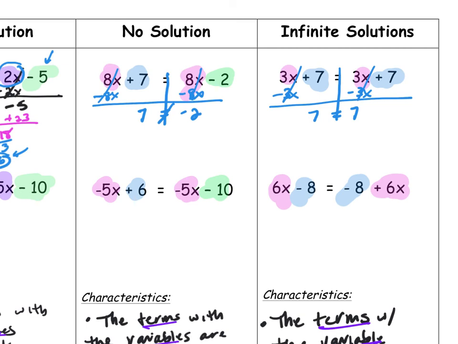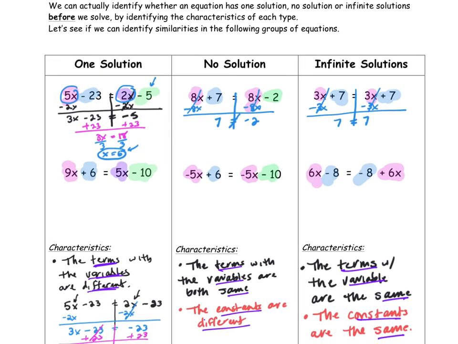And so that means, once again, since both sides are identical, no matter what value I put in where x is, it would make the equations equal to each other. Where this one, on no solution, I'm never going to be able to find something to replace x with that would result in equal numbers on both sides. And this will always give it to me. And when you work with one solution, there's only one possible number that will solve this.